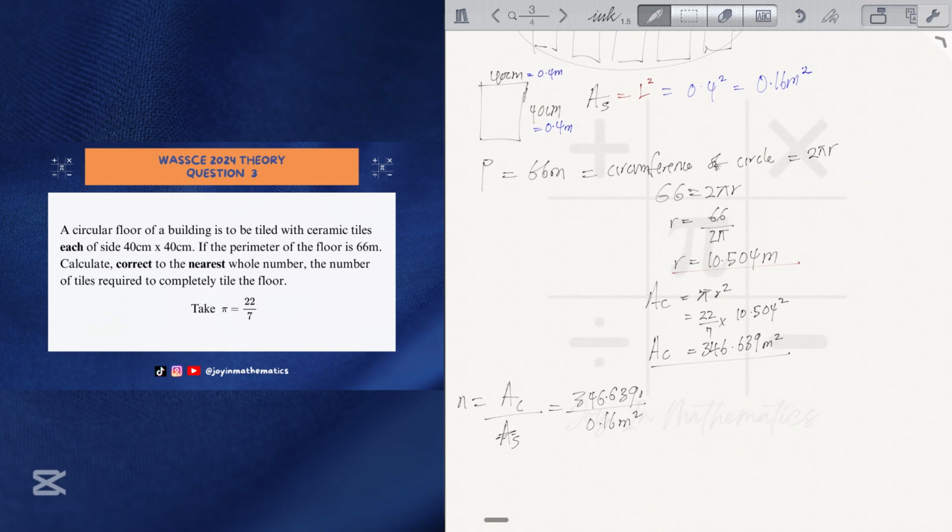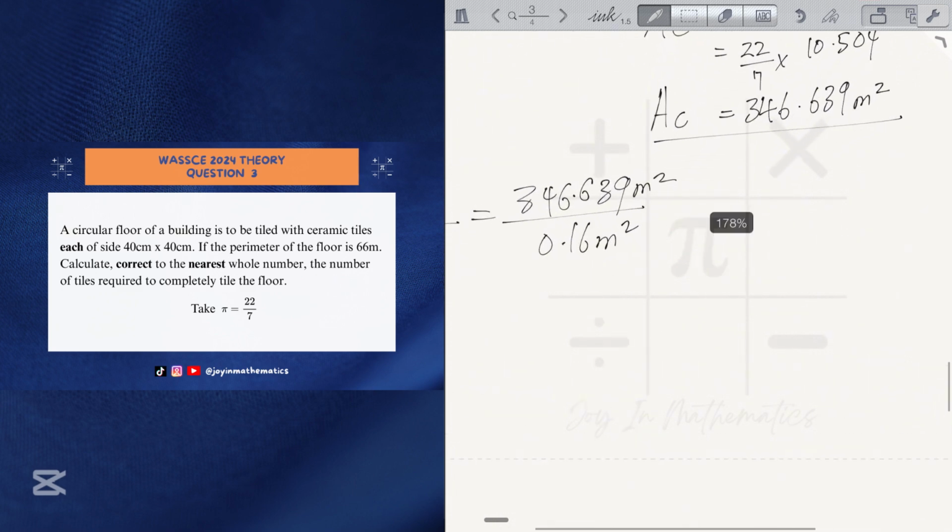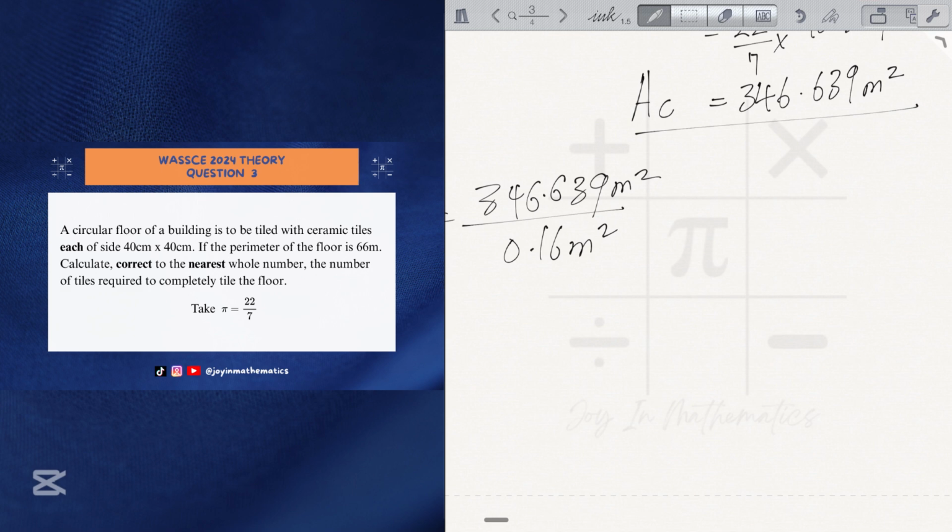Meter squared will nullify meter squared, and we will have the answer of 2166.494 tiles.